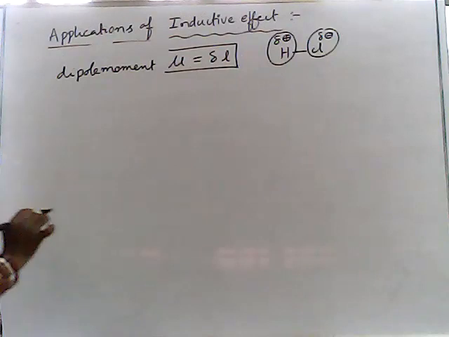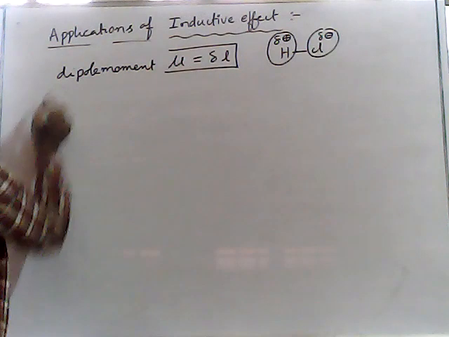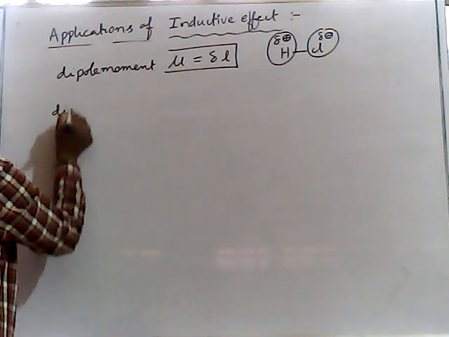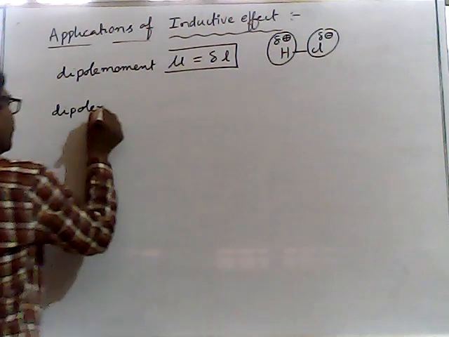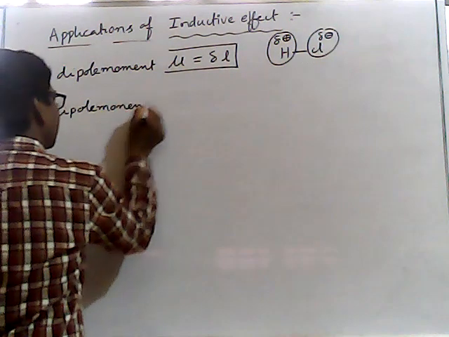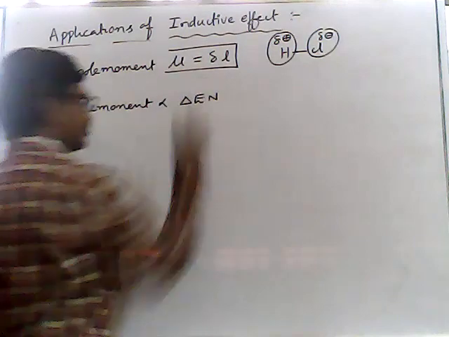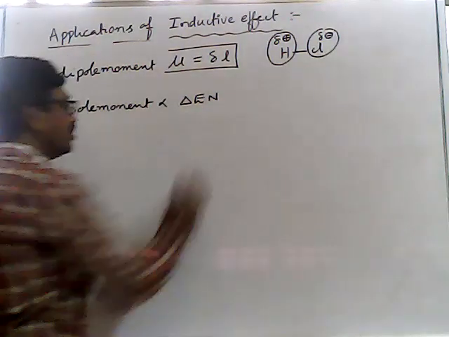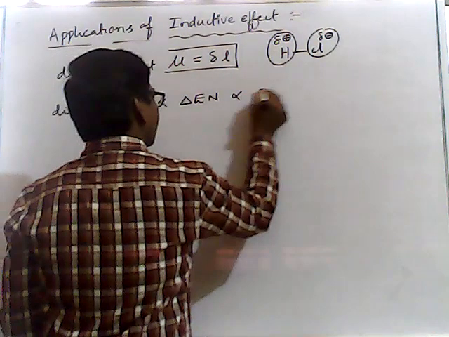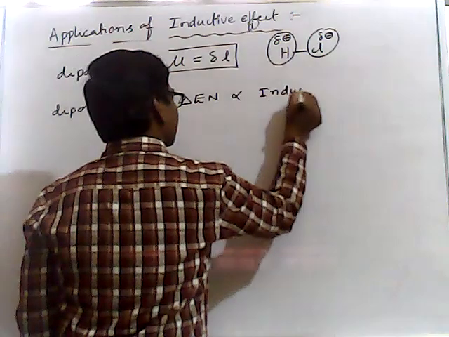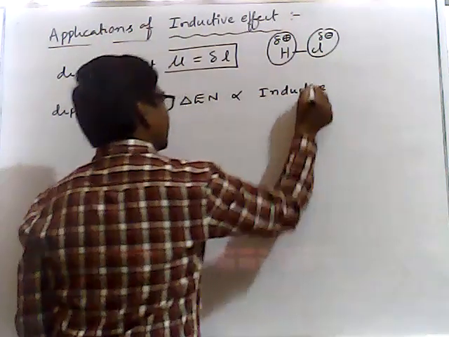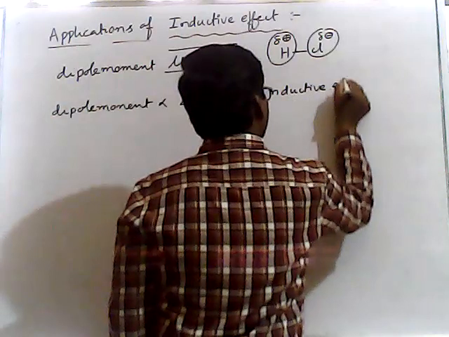So let it be. As per the general concept, dipole moment is directly proportional to the difference in electronegativity. If electronegativity is more, then we have inductive effect also more. It is a one-to-one relation.